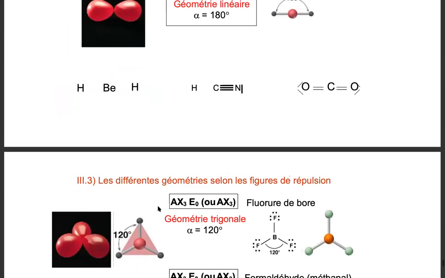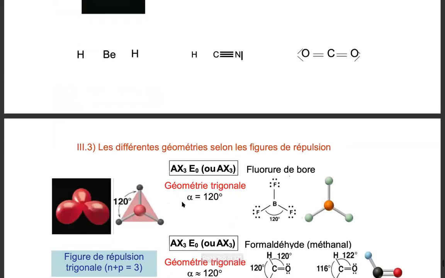Then we have that is geometry trigonal with AX3E0. Same principle. N is equal to the X. The X represents the other atoms that are bonding to the central atom. The A is the central atom.